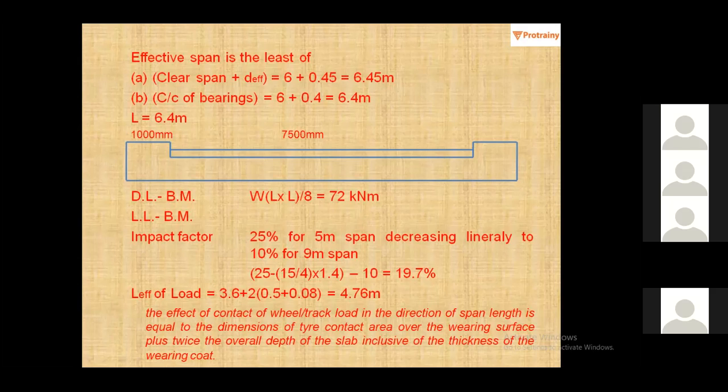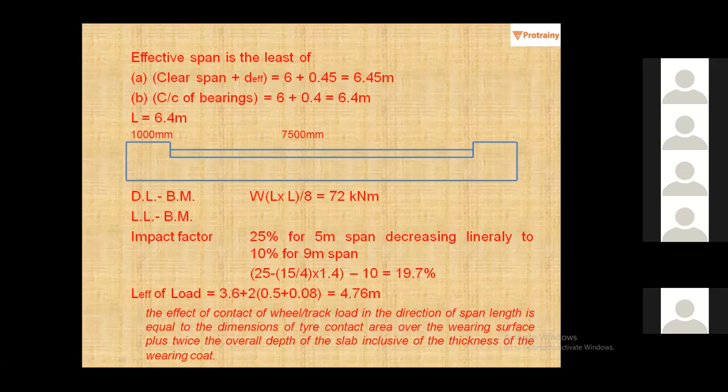Now in order to find out impact factor for class AA tracked vehicle load, उसके लिए क्या provision दिया हुआ है, 25% for 5 meter span, decreasing linearly to 10% for 9 meter span. You have to interpolate and हमारे पास 5 meter के लिए 25% है और then 9 meter के लिए हमारे पास 10% है और हमारा span, our span is of 6.4 meter.